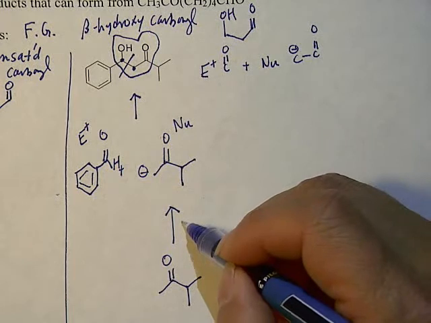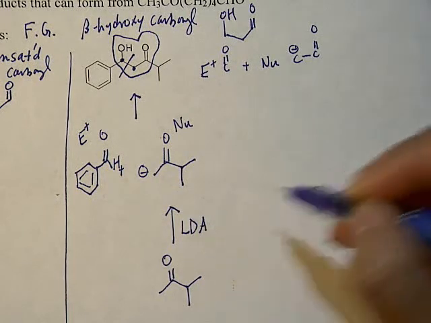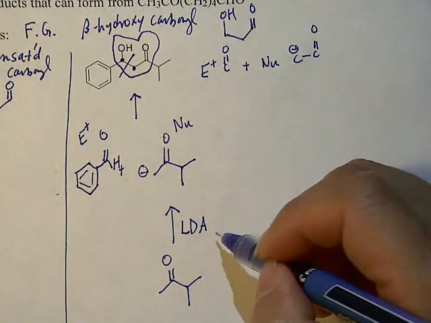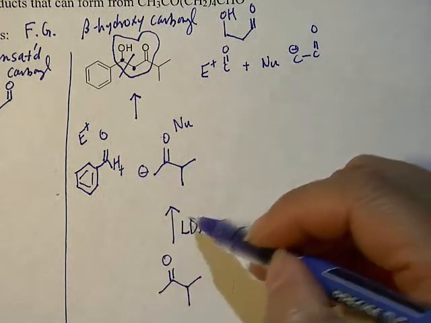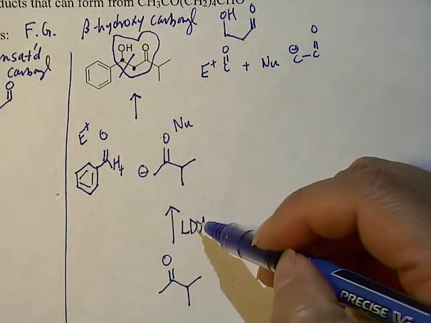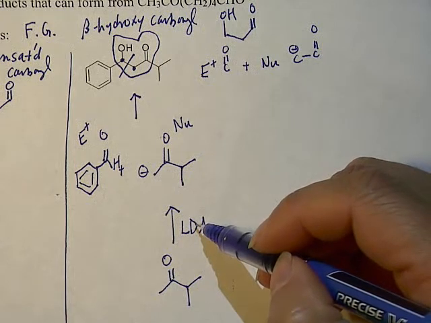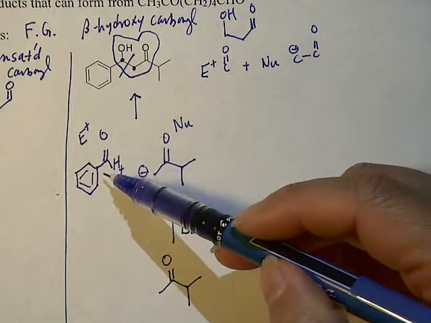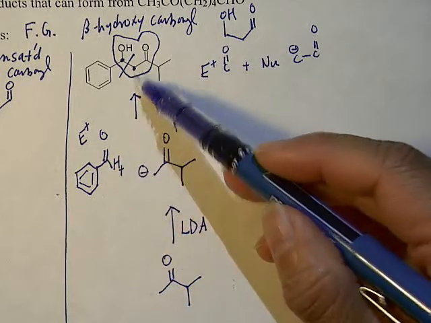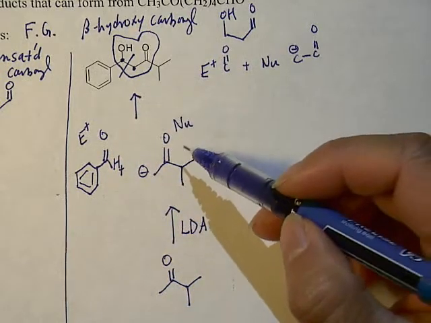So probably the best base to use is LDA, and that would deprotonate definitely this proton, because remember this is a strong base that's very, very bulky, so it's going to grab that proton, and then you throw in this aldehyde, and then you will get that product.